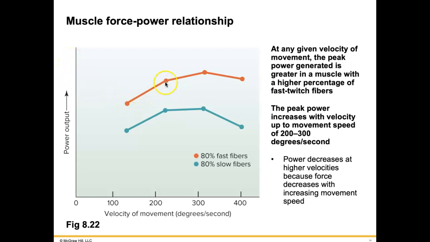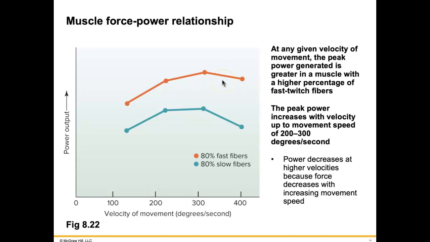And the red here represents our fast twitch muscle fibers, and this teal is representing our slow twitch muscle fibers. So we are looking at any given velocity along in here. The peak power generation is always going to be greater within our fast twitch muscle fibers. We're always able to produce more power with the fast twitch muscle fibers.